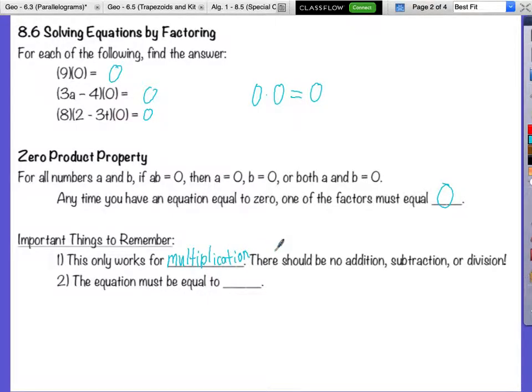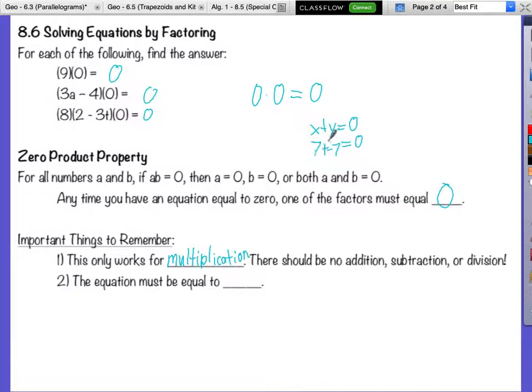This only works for multiplication. So it can't work for addition, subtraction, or division. We can't just use x plus y equals 0 and know one of those numbers is 0. Give me something that proves it could be something other than 0 in there. 7 plus what would equal 0?